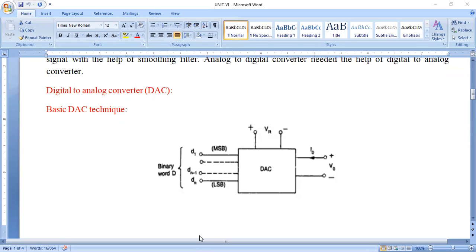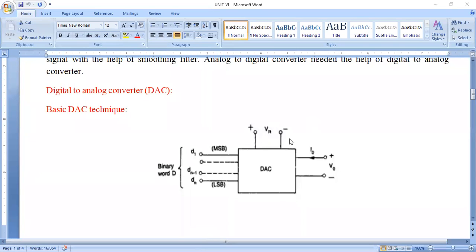In the block diagram we have analyzed the digital to analog conversion and analog to digital conversion. The basic technique of digital to analog conversion is: given the input digital binary code, it is combined with a reference voltage signal, and it will produce an output signal in the form of voltage or current. Here the digital to analog conversion is given an input digital binary code, combined with a reference voltage.